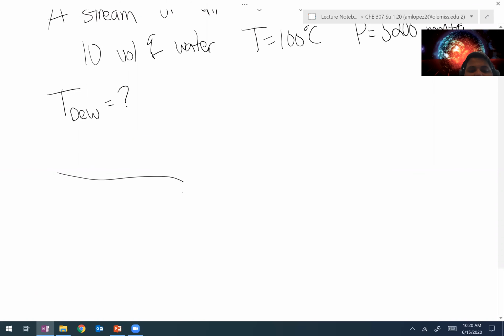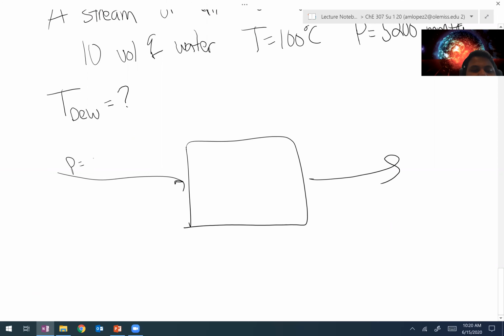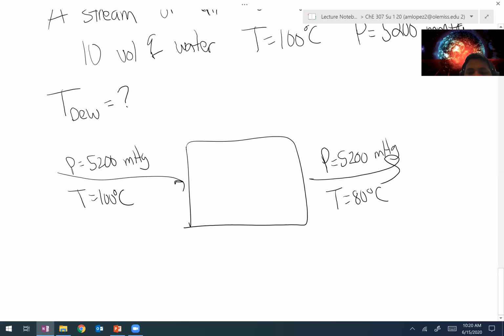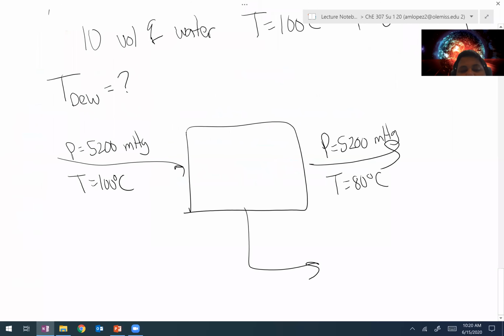And so it's saying if we have the system that's coming in, 5,200 millimeters of mercury, 100 degrees C, if we cool the system down, we should lose some water out of the system, right?